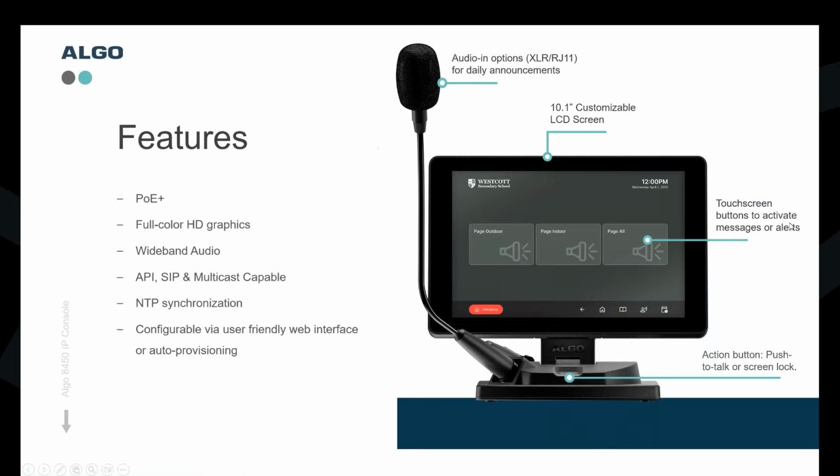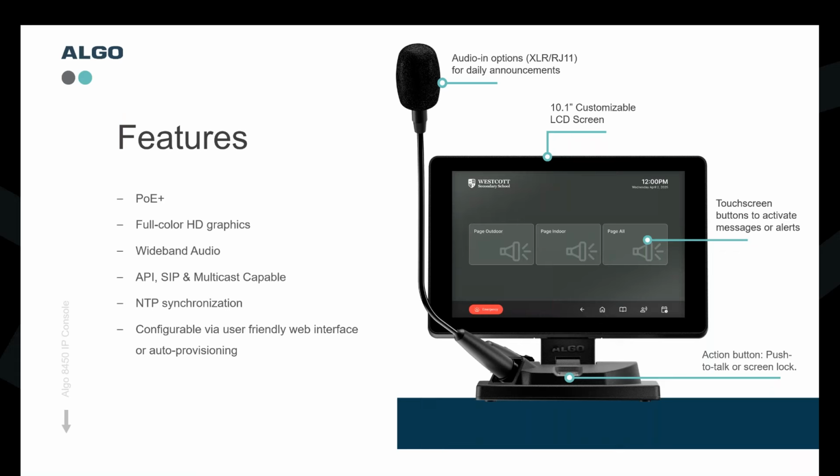So this is it. This is the 8450. This is what it looks like. It features, as you can see there, a 10.1 inch display. It has that multi-purpose gooseneck microphone for clear, high-quality announcements. It includes a programmable 4x4 button panel that allows you to trigger virtually any workflow that you need. And again, it's customizable depending on the vertical, and we'll get into the verticals that we fit in shortly.